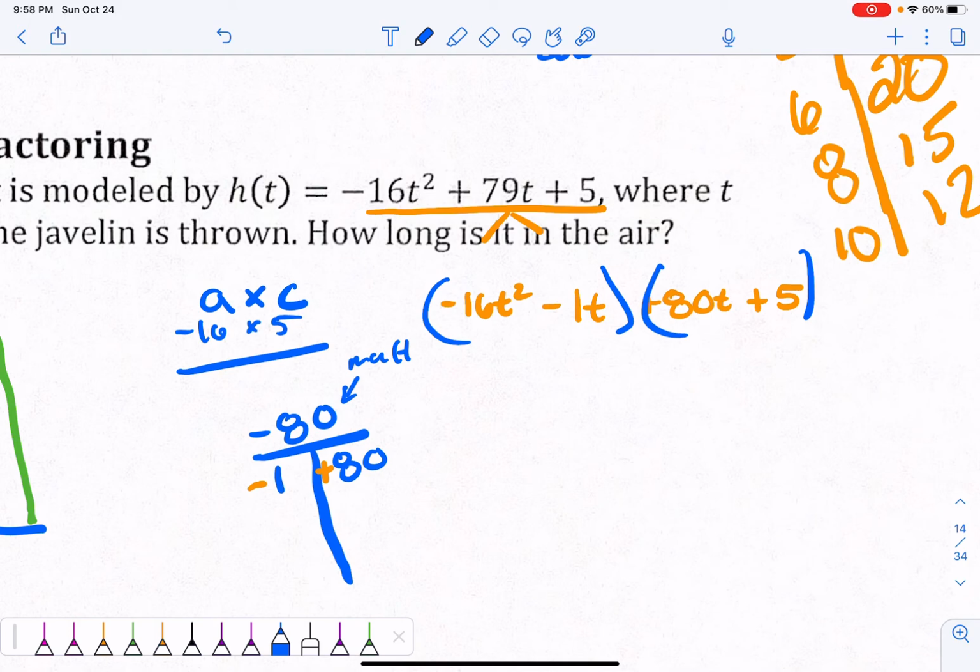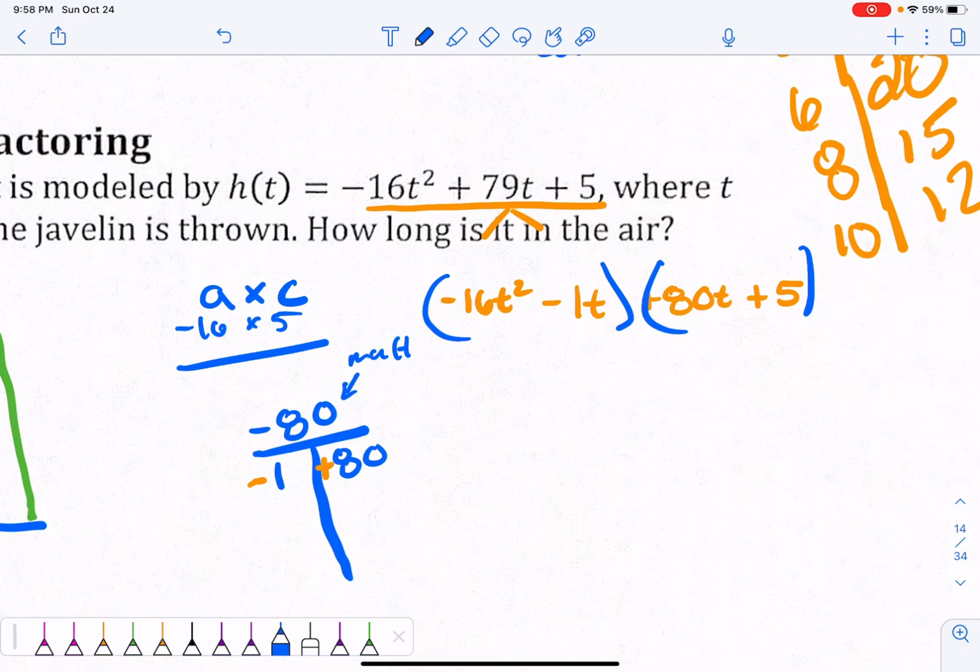Okay. All right, so in this first chunk, we're going to take out a negative 1. I'm going to take out a t also. Okay, I'm all screwed up.